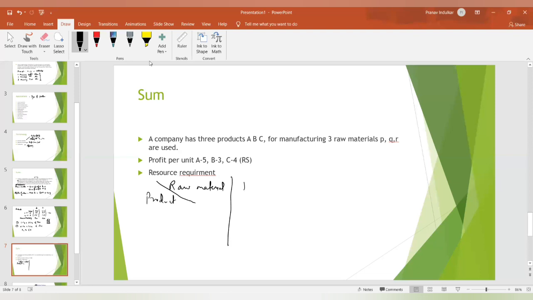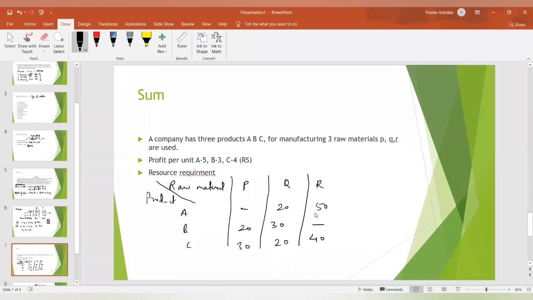P, Q, R, A, B, C: 20, 50, 20, 30, 30, 20, 40. Okay, this is already a part of the question. I've done nothing, it's already a part of the question.